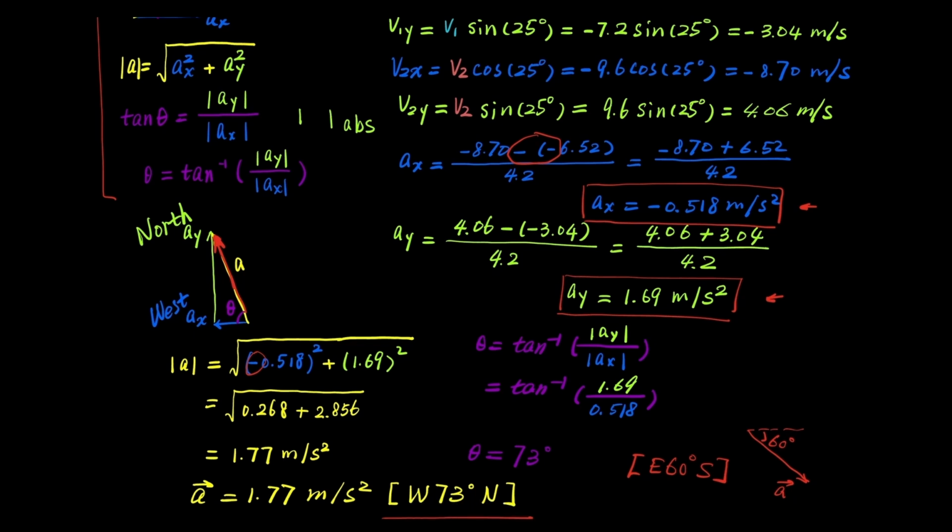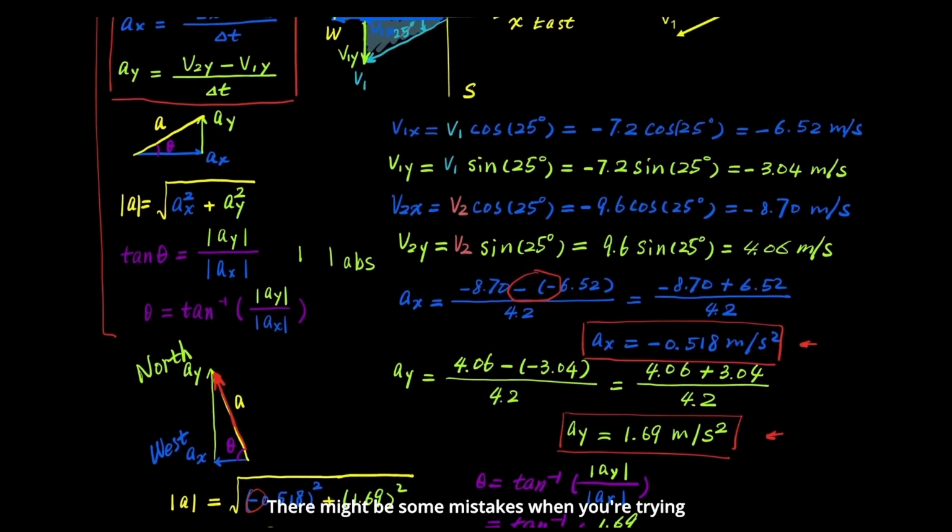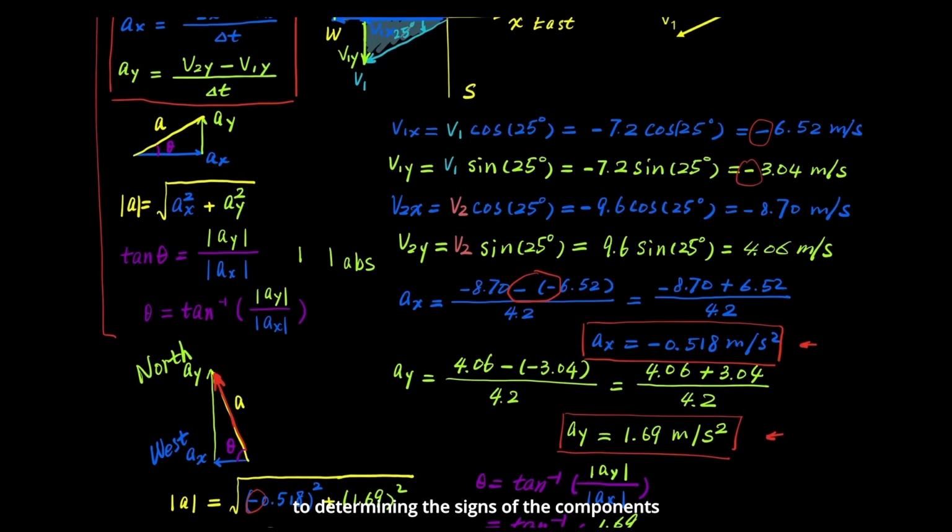East and south. The bird was heading west the entire time and pulled northward, and that makes zero sense physically, right? That's your sign to go back and find the mistake. There might be some mistakes in determining the signs of the components. So that's the sanity check. It will catch the errors that staring at your math never will.